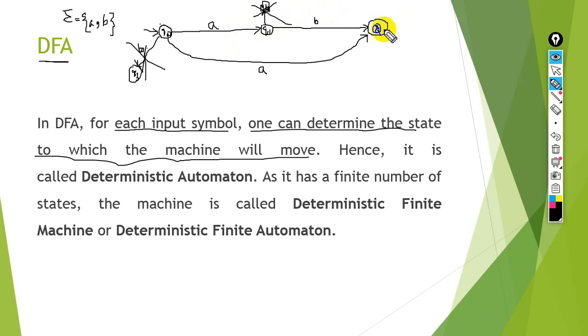Here is the final state. At the final state there is neither transition A nor transition B. It means there is no transition for A and B. So here we have a dead configuration for A and B. So it is accepted in the NFA but not accepted in the DFA.